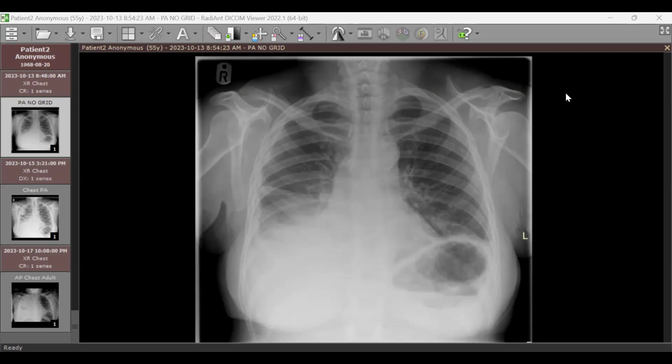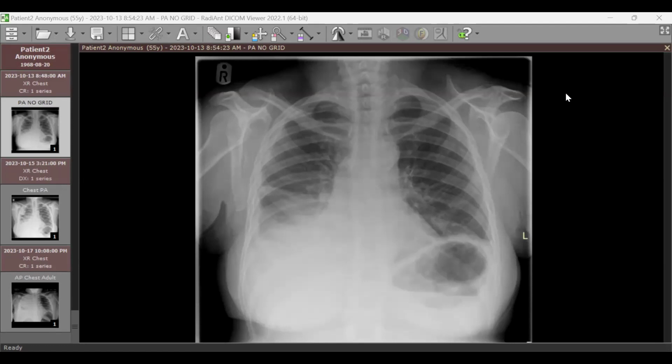Okay, let's start from the beginning. When you start describing the chest X-ray, you would mention the technical aspects. You mentioned the projection. Are you satisfied with the other factors like rotation? Is there a rotation? The position of the patient is normal.